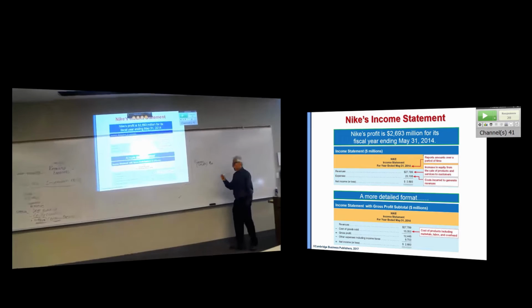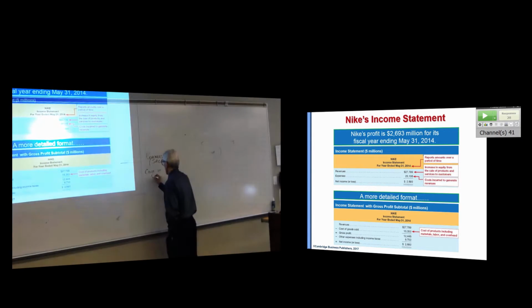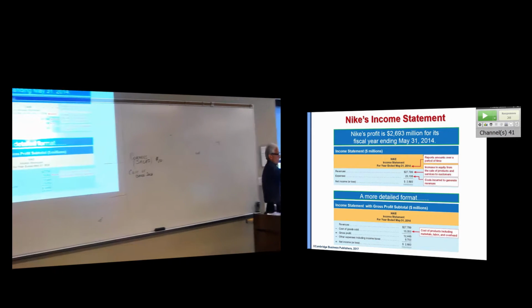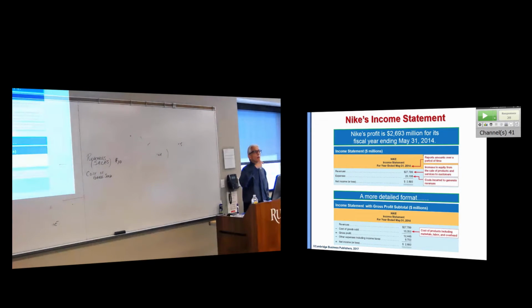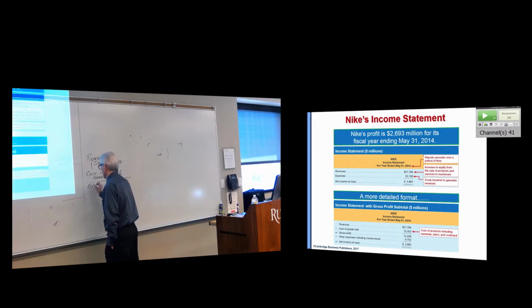If it costs you, it obviously costs you to buy the product if you're going to resell it, or it costs you to manufacture it. Let's say that's $6. And the difference is called the gross profit.